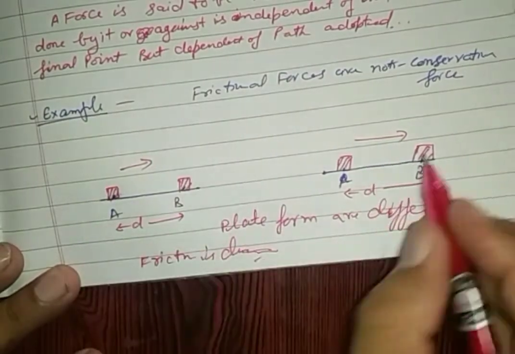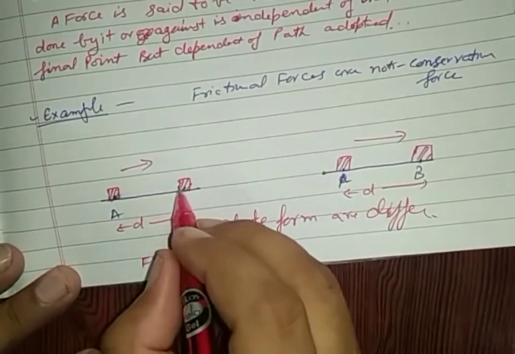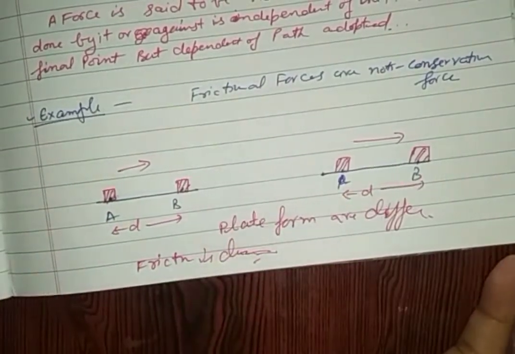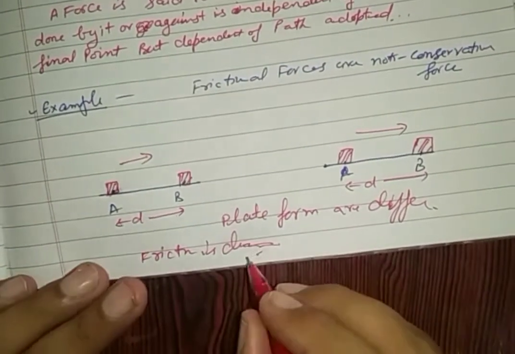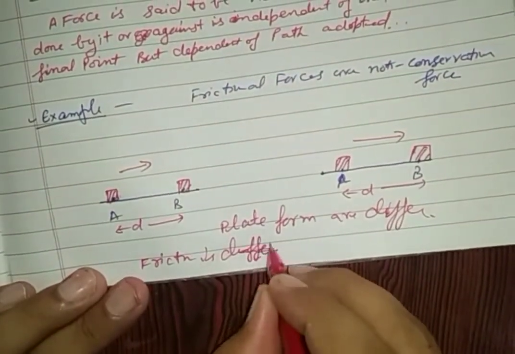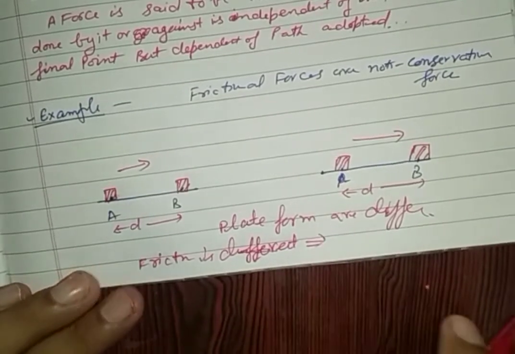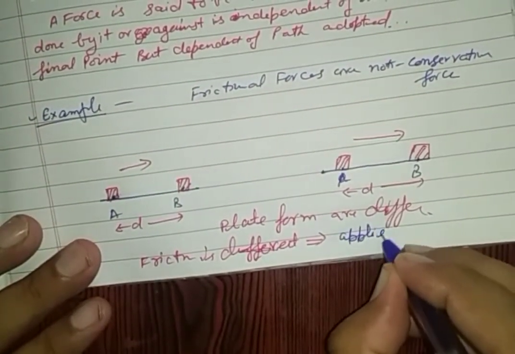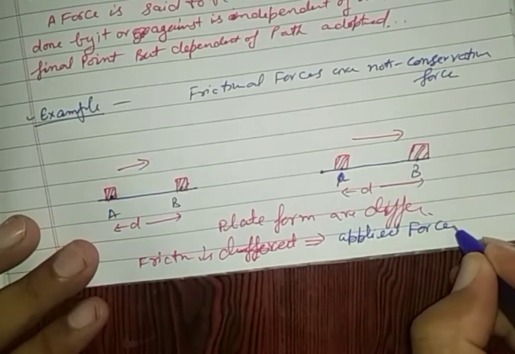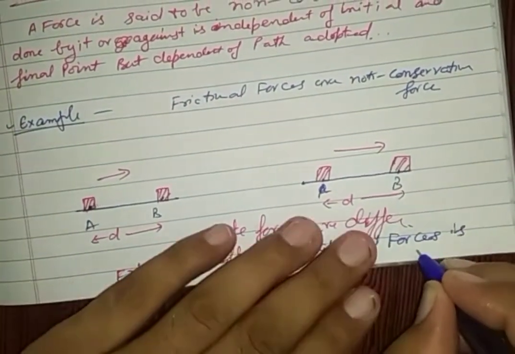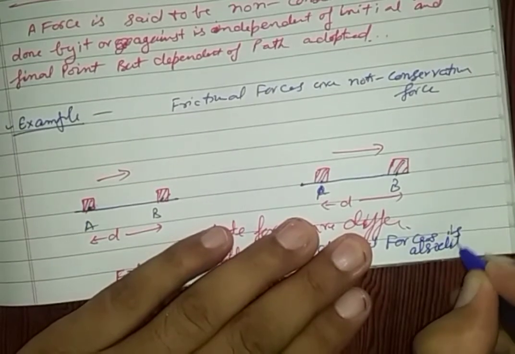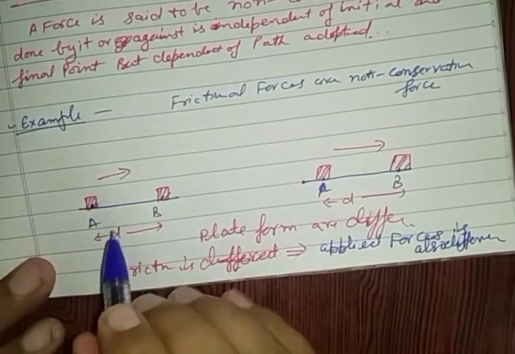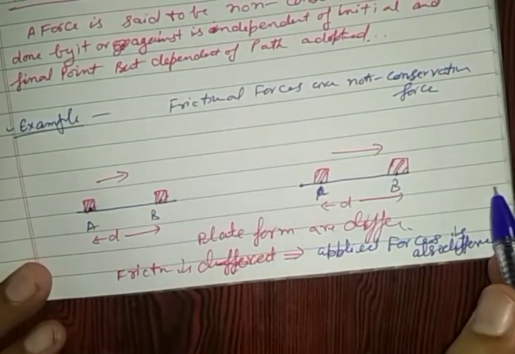So to move from A to B, different forces are needed. If friction is different, this implies that the applied force is also different.